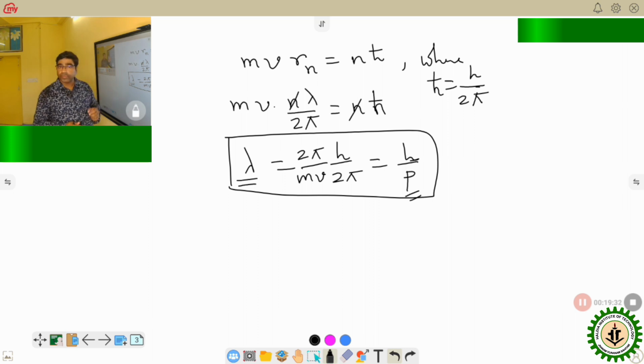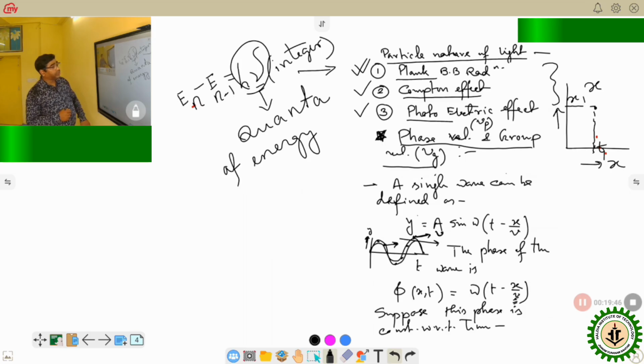We will come later to how they proposed this. But this is the pathway, the gateway, through which de Broglie proposes this dual nature.